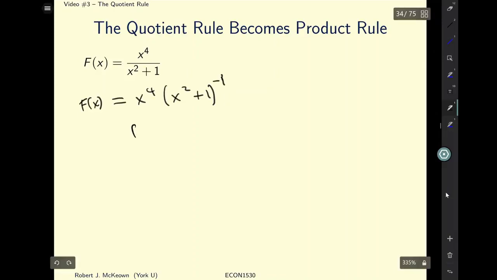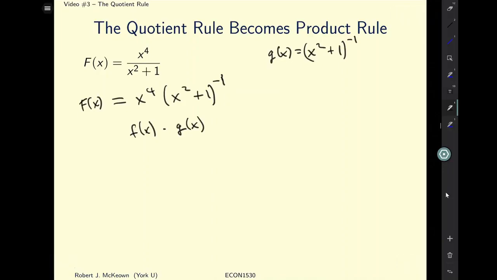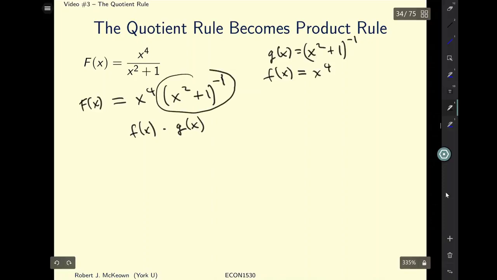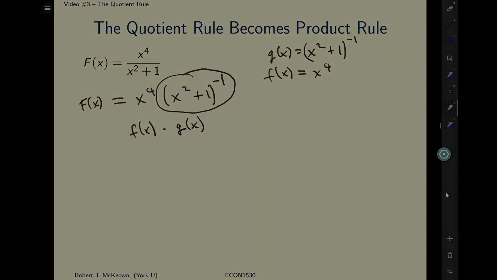Now we've got f of x times g of x, where g of x in this case is going to be equal to x squared plus 1 to the negative 1. But we have a problem, which is we don't yet know how to take the derivative of this thing. And that is the subject of our next video.